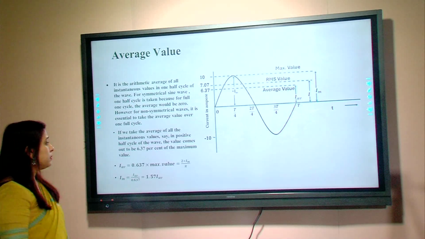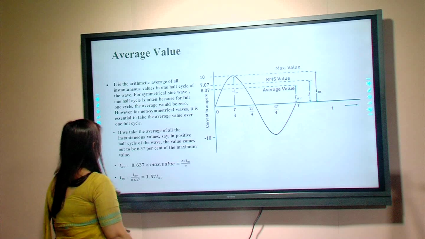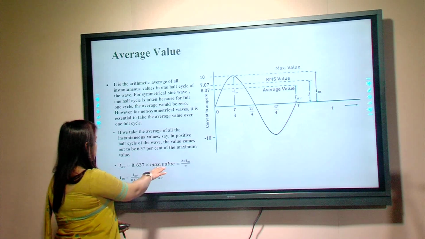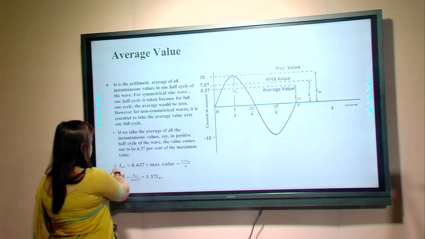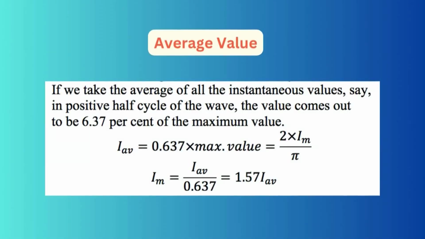Therefore, the relation between the maximum current or voltage and the average current or voltage is this one: I average is equal to 0.637 times the maximum value.